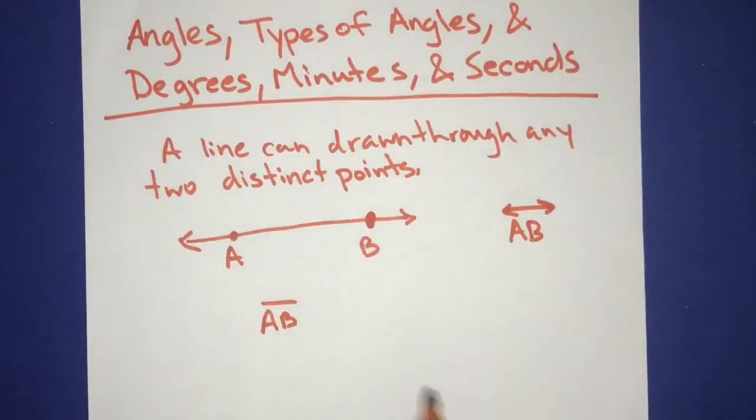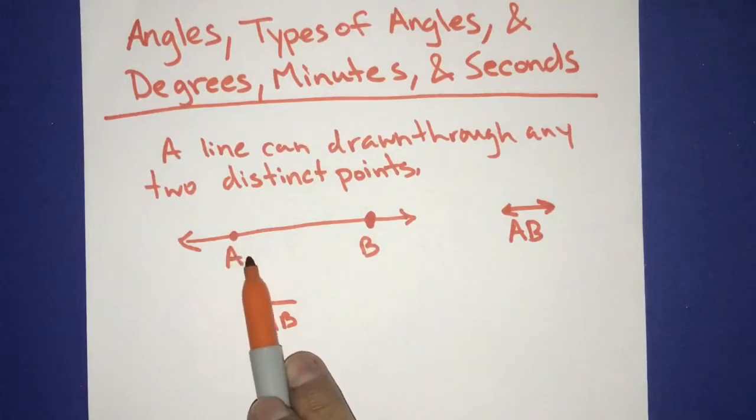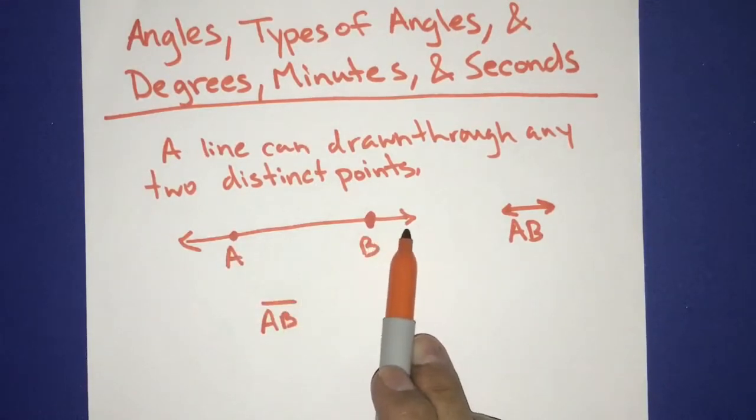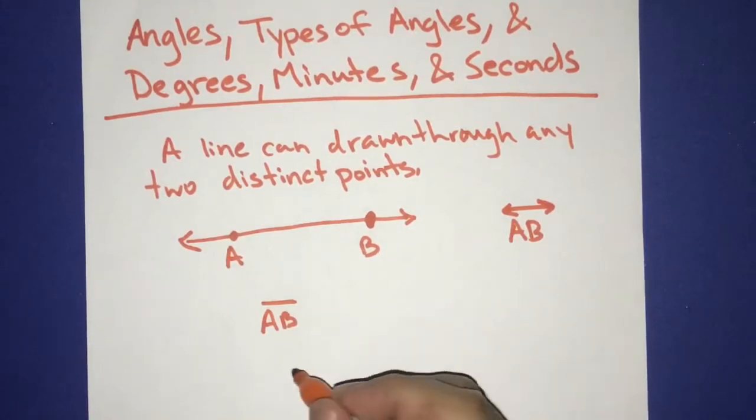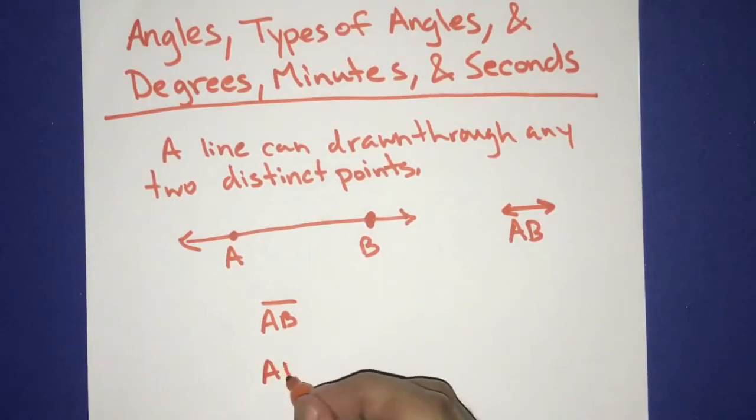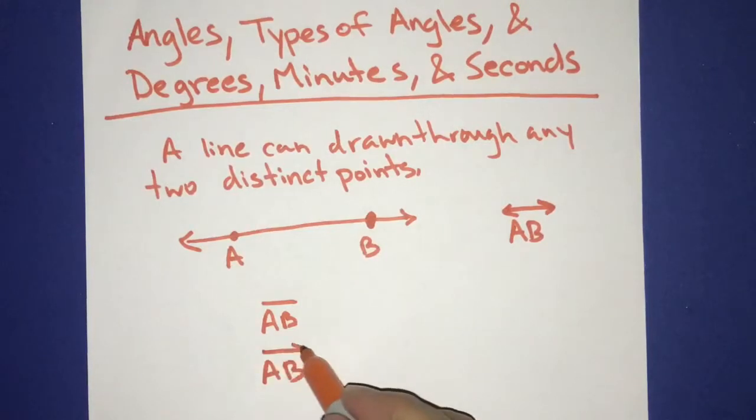Now, the portion of the line AB that starts at A and continues through B and past B is called the ray. And we can denote this in symbols also by drawing it like this.